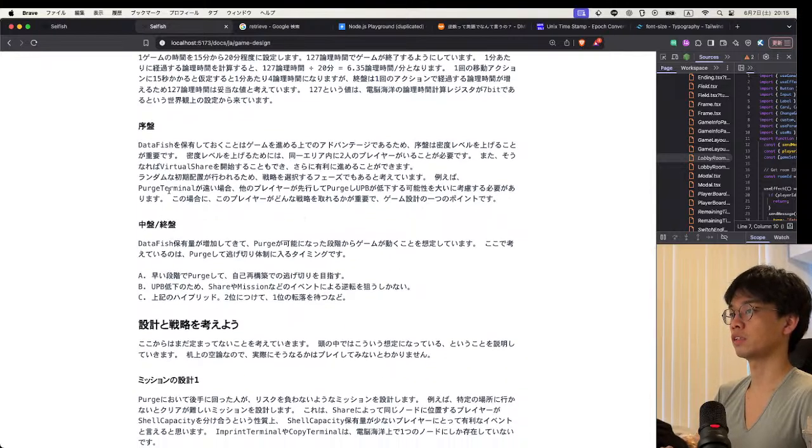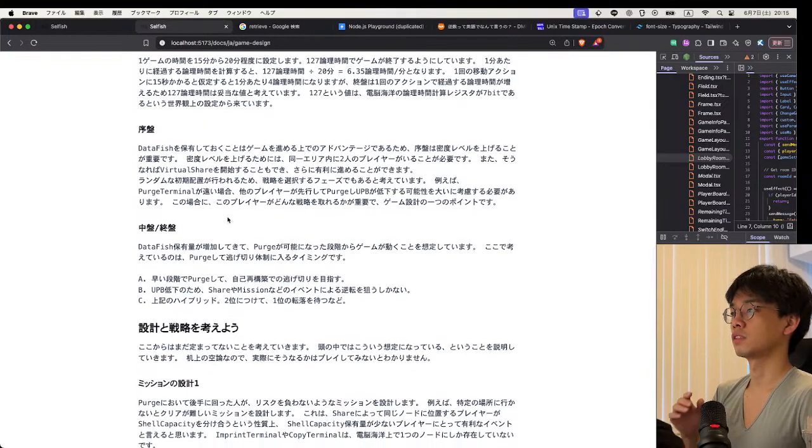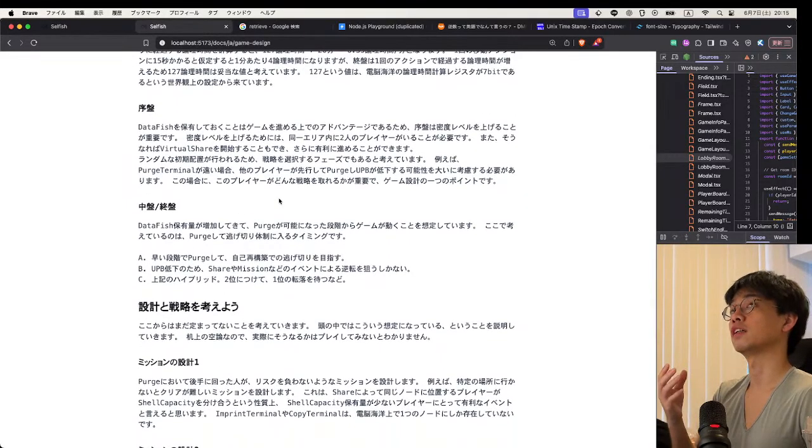So the player who is far from the parse terminal should make a strategy and consider the situation.